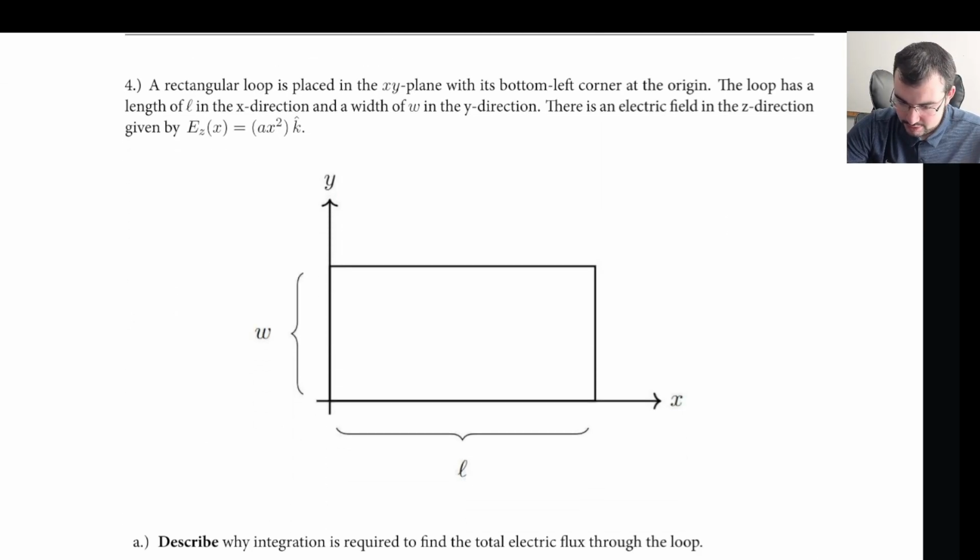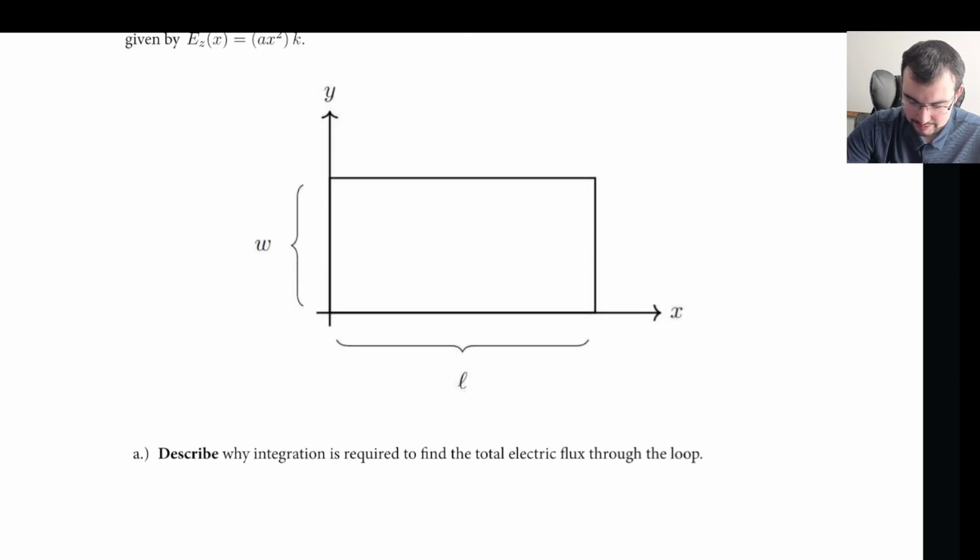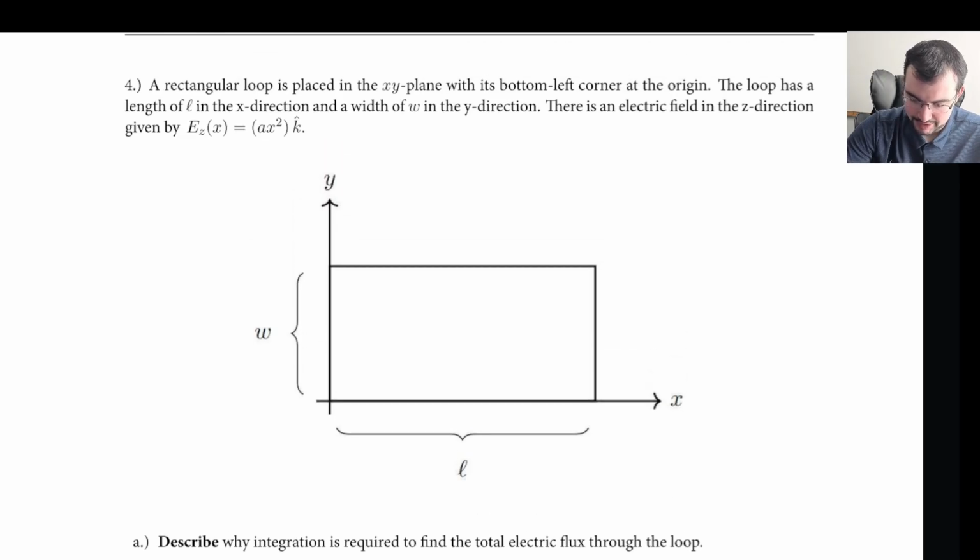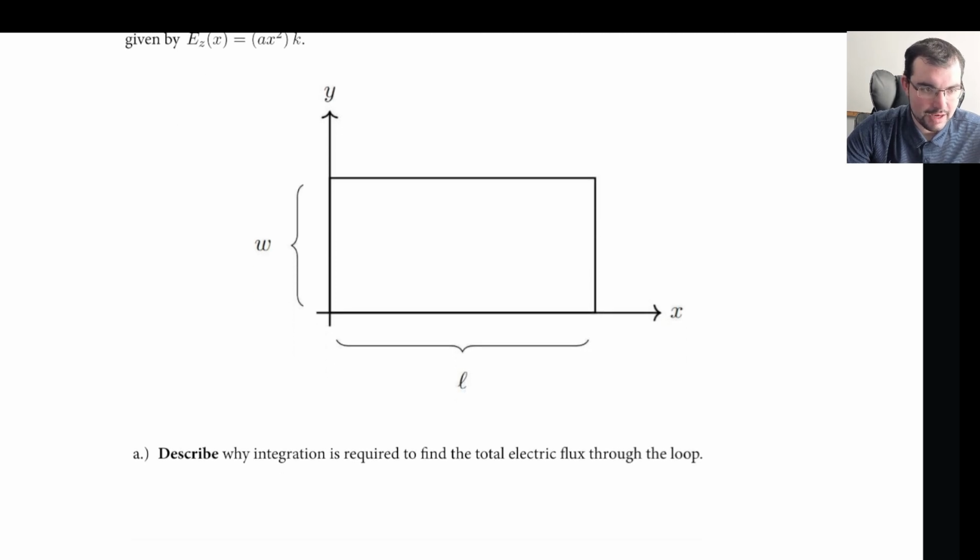So let's try this. Our rectangular loop is placed in the xy plane. Its bottom left corner is at the origin, it has a length L in the x and W in the y, and there's an electric field out of the page, which is increasing as you go to the right.